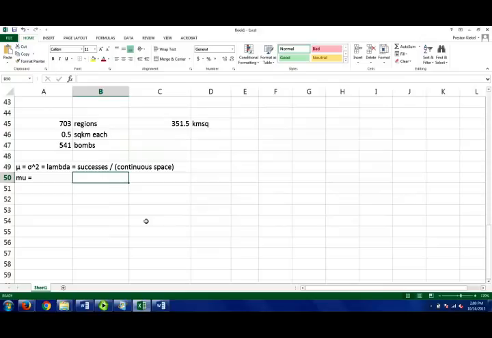So what we have here is 703 regions, each 0.3 square kilometers, and we have 541 bombs. If we wanted to compute the mean number of bombs per square kilometer, we would take 541 divided by the square kilometers. That's not what this question asks for, however.